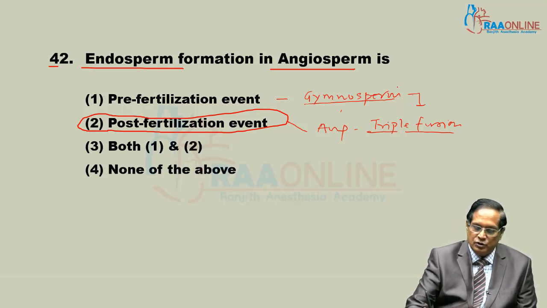Ploidy also differs. In gymnosperm it is haploid nutritive tissue, in angiosperm it is triploid nutritive tissue.